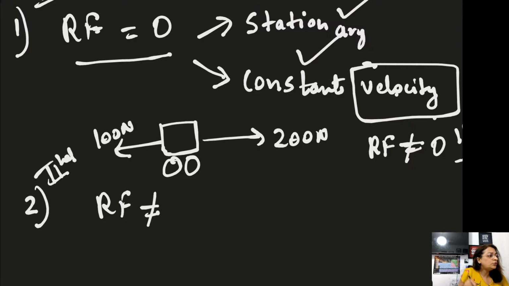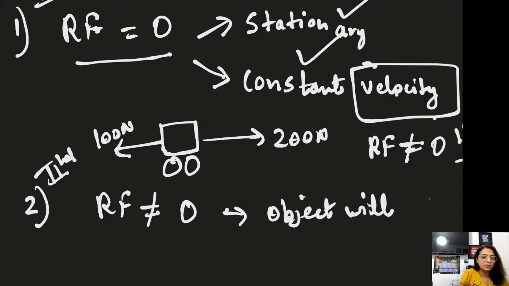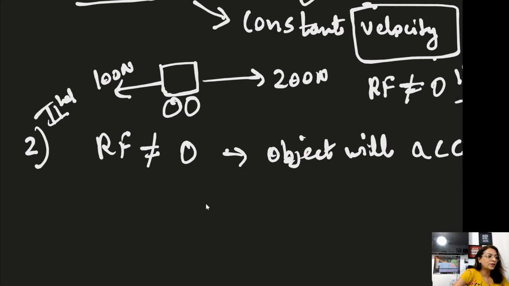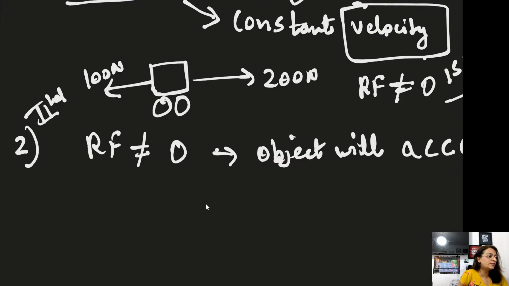Newton's second law says that if the resultant force is not equal to 0, then the object will, something starting with A, accelerate. Well done. Correct, Sophia. The object is accelerating if the resultant force is not equal to 0. Okay, fine.